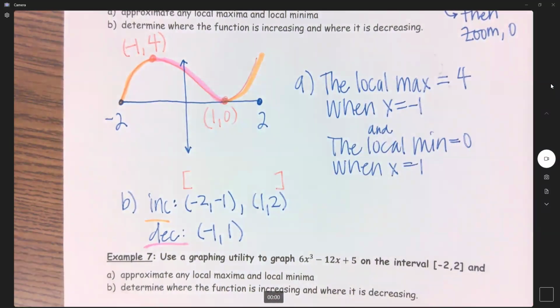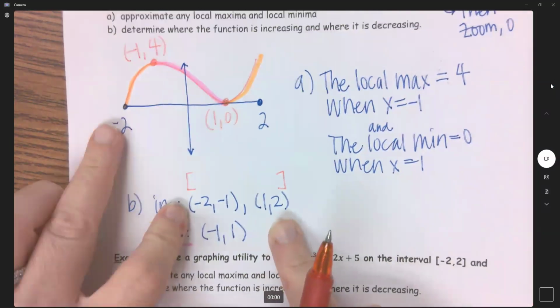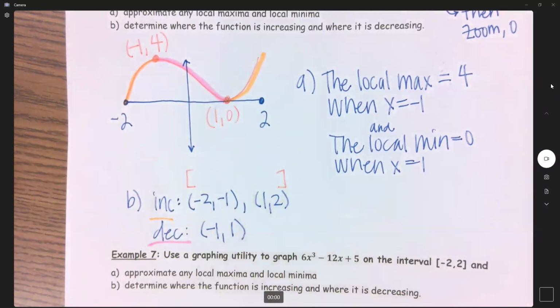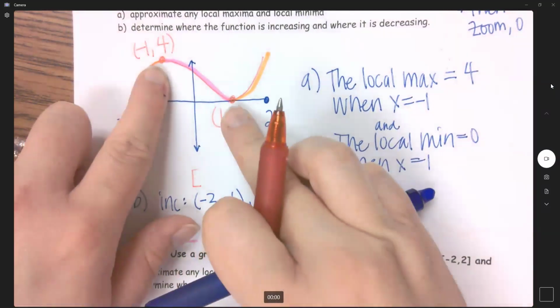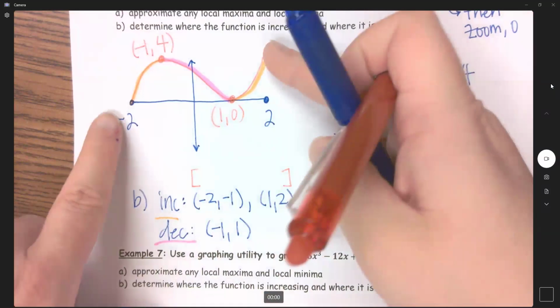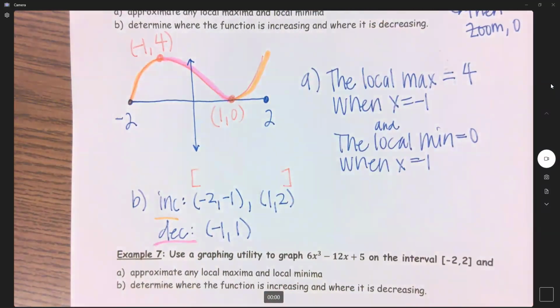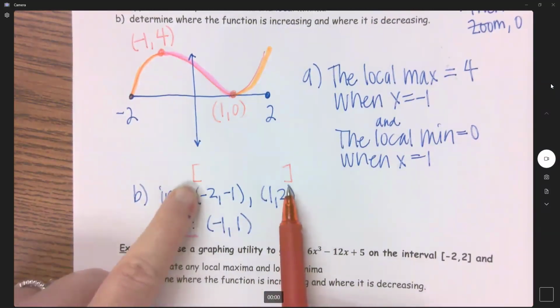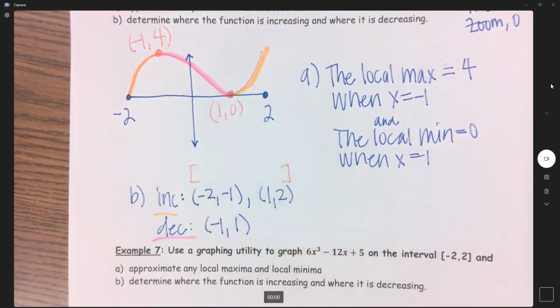So if you're confident in your answer, try putting brackets on these endpoints. I hate that. We're not supposed to put that on max and mins and on endpoints because I don't know what's happening at those. But MyMathLab, I have a note, wants brackets there in those answers.